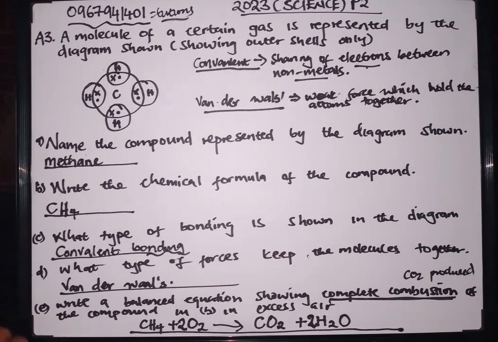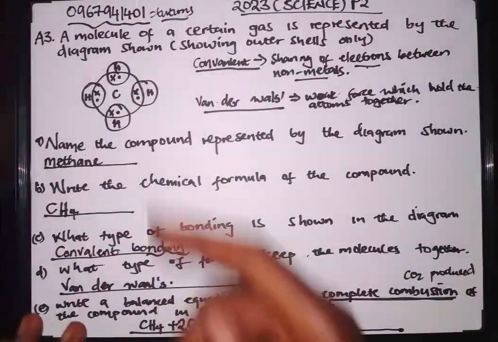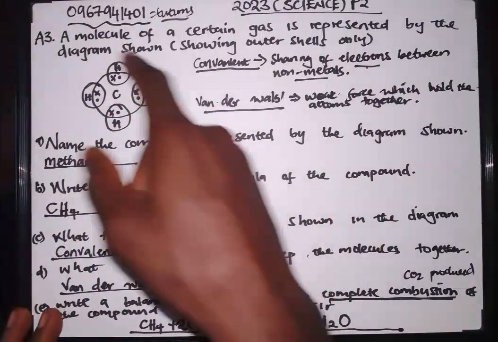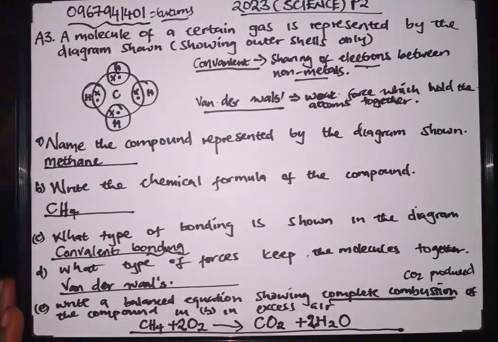These are weak forces that hold the atoms together, making them have a lower boiling point. Then identifying the chemical formula, I told you just count the atoms on the diagram. We had 1 carbon and 4 hydrogen.